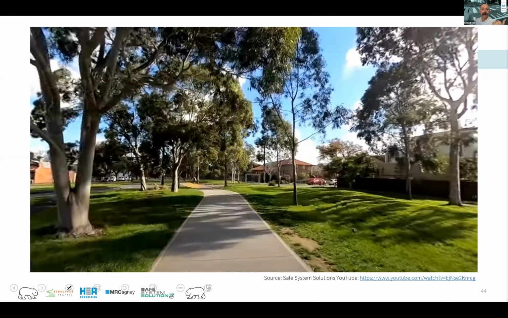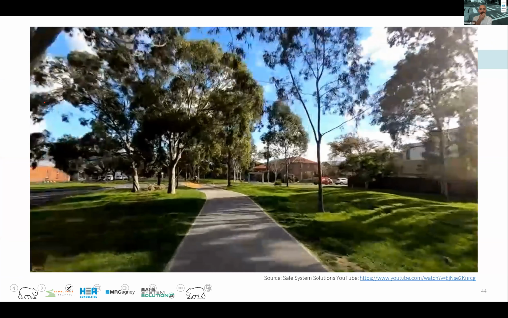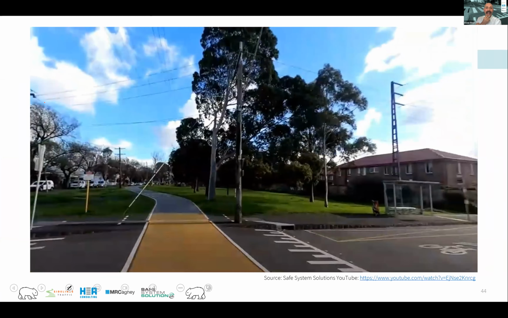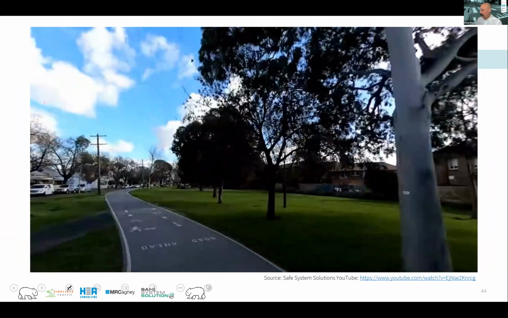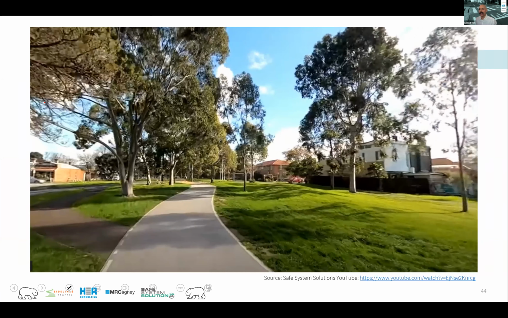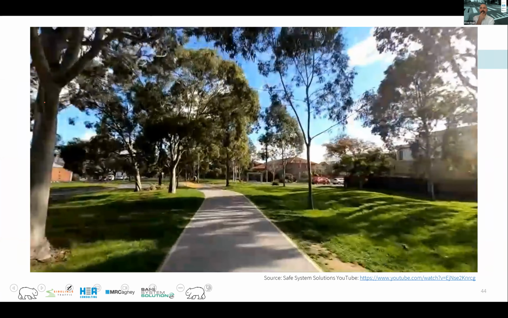Here we go. Hopefully you're seeing this, but here's the approach to a crossing point, and there was a white car that came in there. I'll play that again. I think I've got it on loop here, Bridget. So I'm hoping it's streaming through and people can see it.